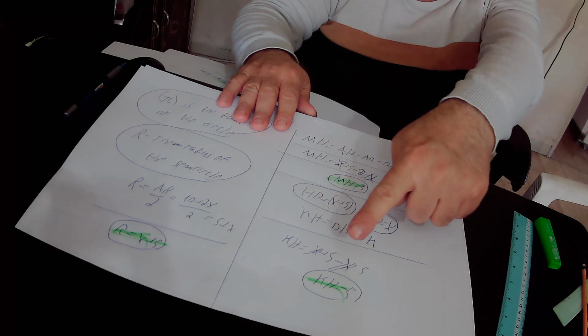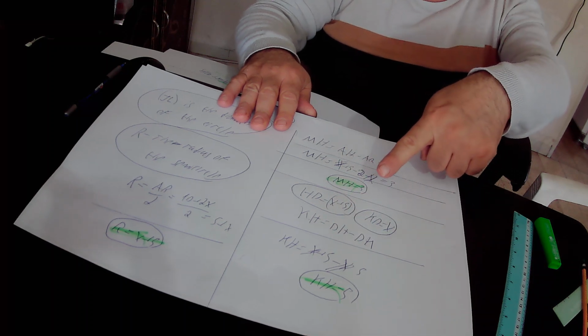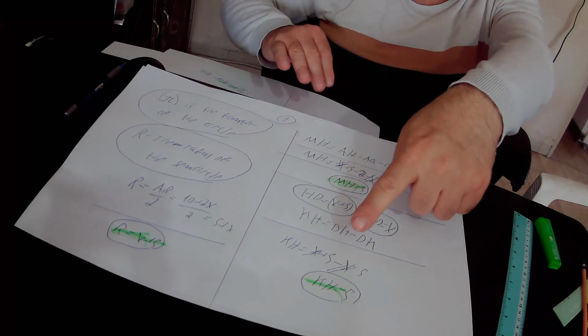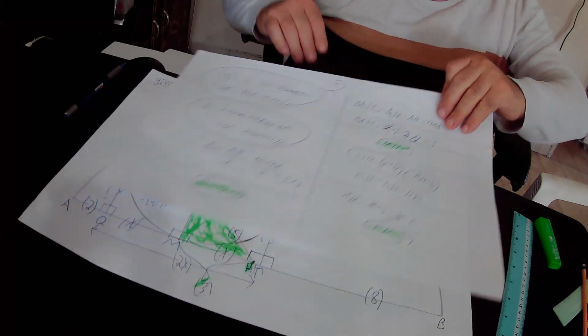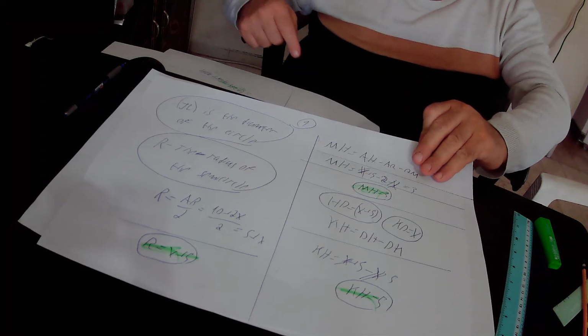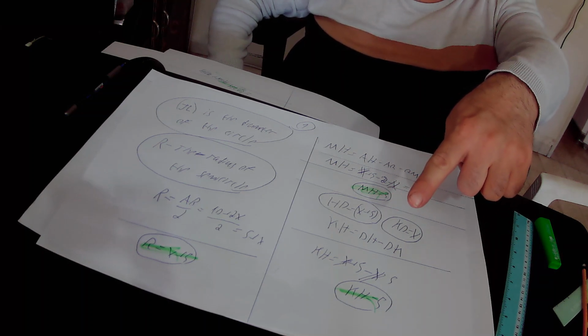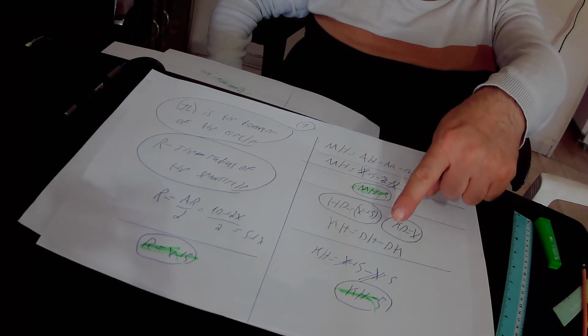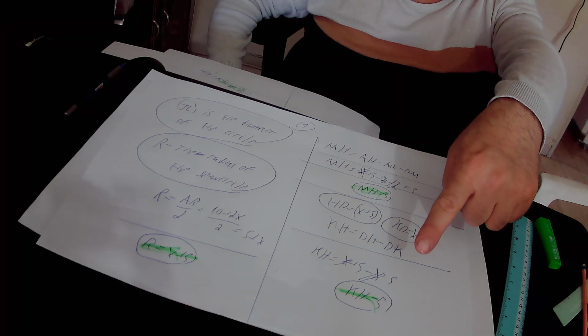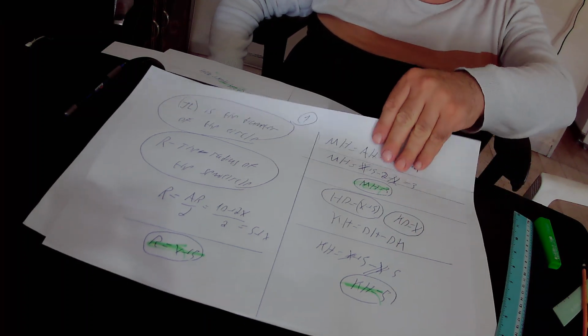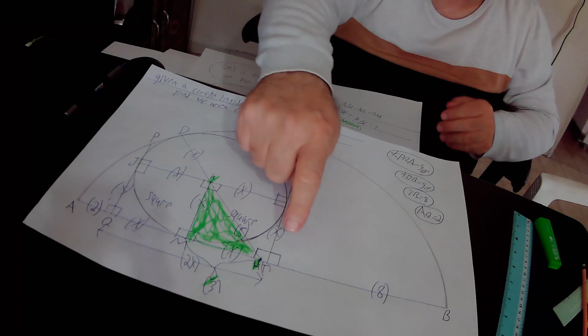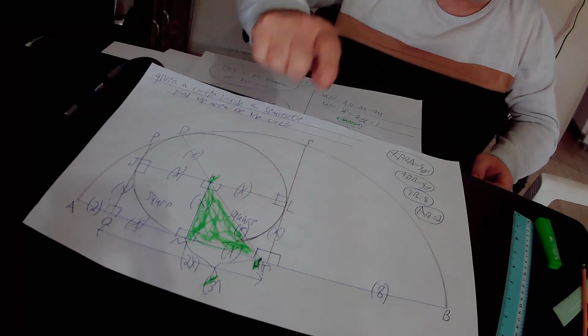So the missing side KH equals DH, that is the radius of the semicircle, x plus 5, minus KD, which is x. So in total, the missing side KH equals x plus 5 minus x. x minus x is 0, so we're left only with 5. So the missing side KH equals 5 units.